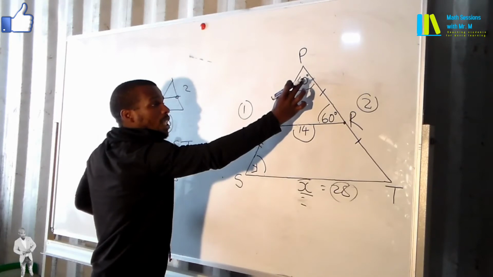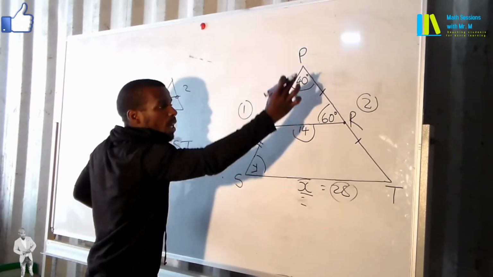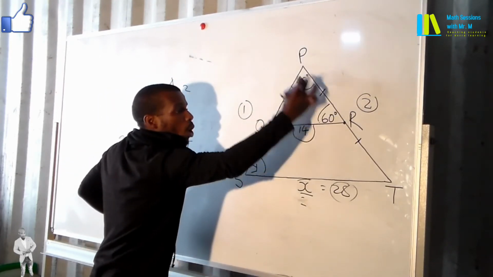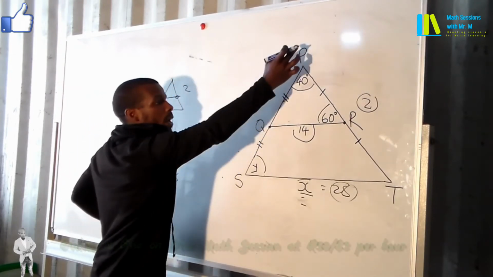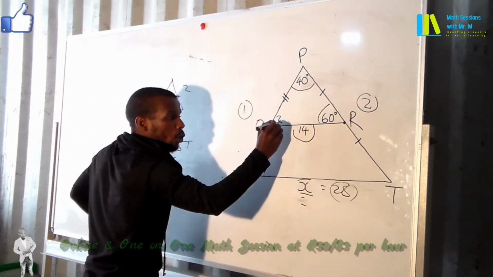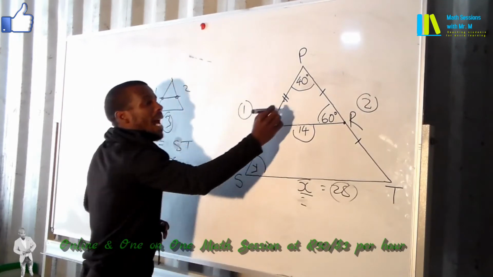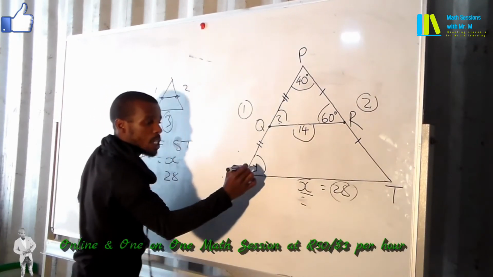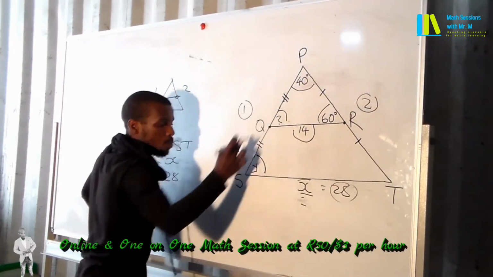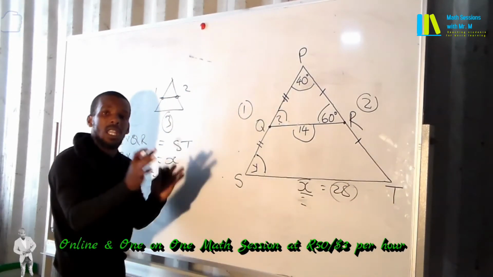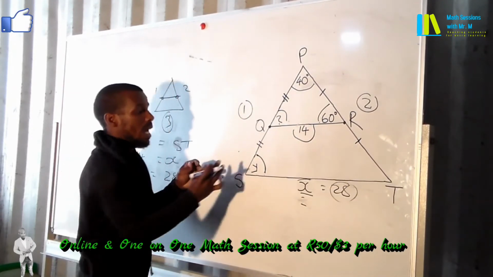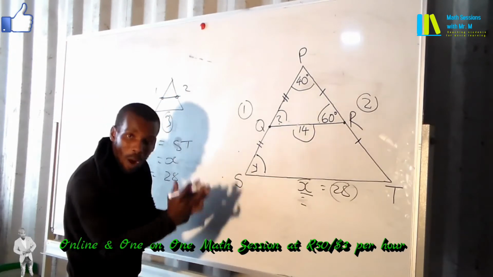We have a 40 at corner P, angle P. We have a 60 on PRQ. We have an unknown at Q, because angle PQR corresponds with angle PST, which is y, the angle that we want to know, and corresponding angles are equal.